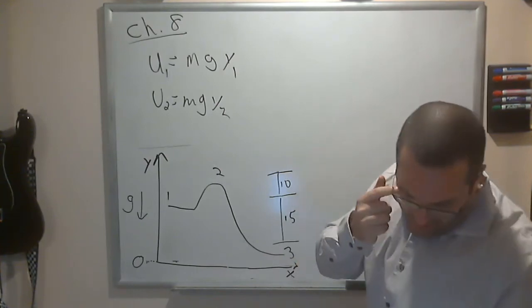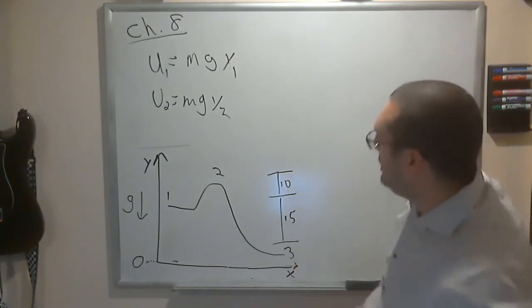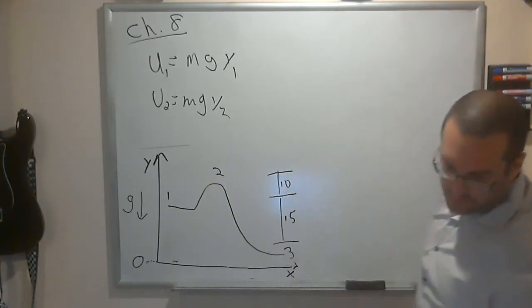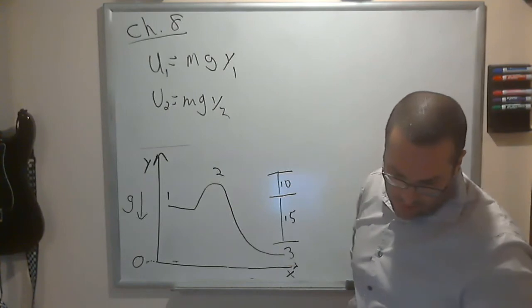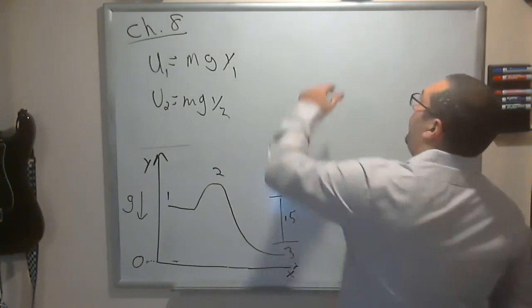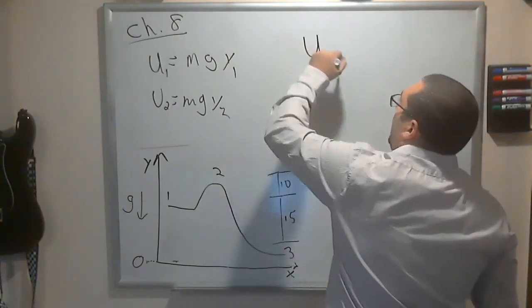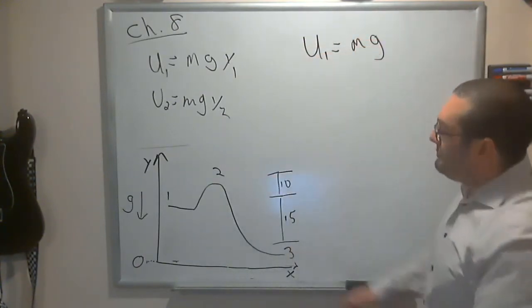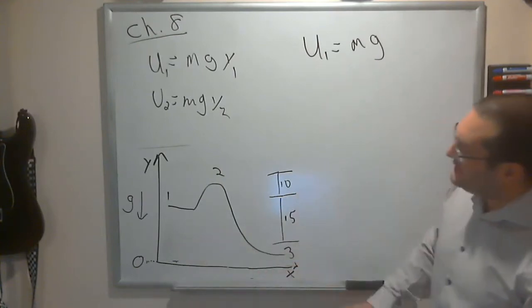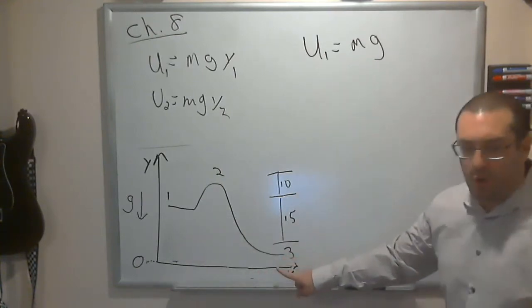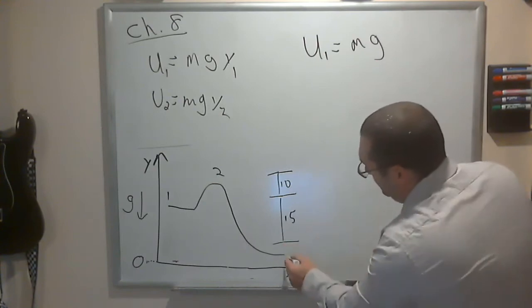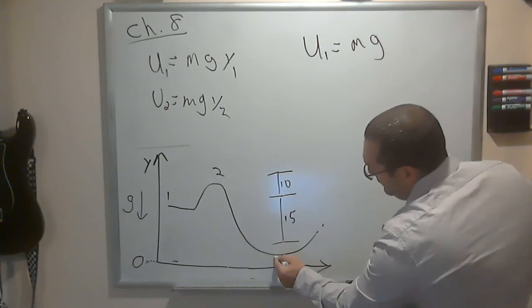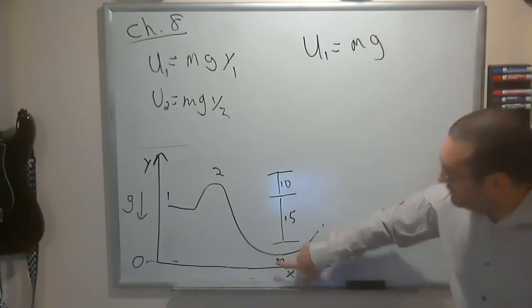So the potential energy at point one is equal to mg times the height. Now, in this case, let's say this is the lowest point that we go in the roller coaster, and then it goes back up. At point 3 is the lowest point.